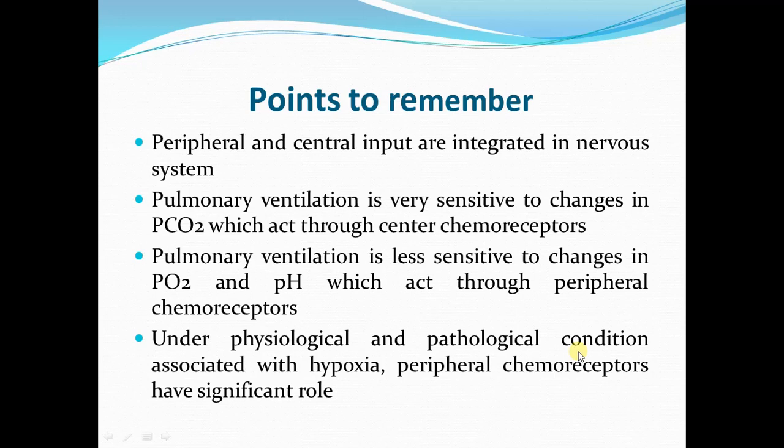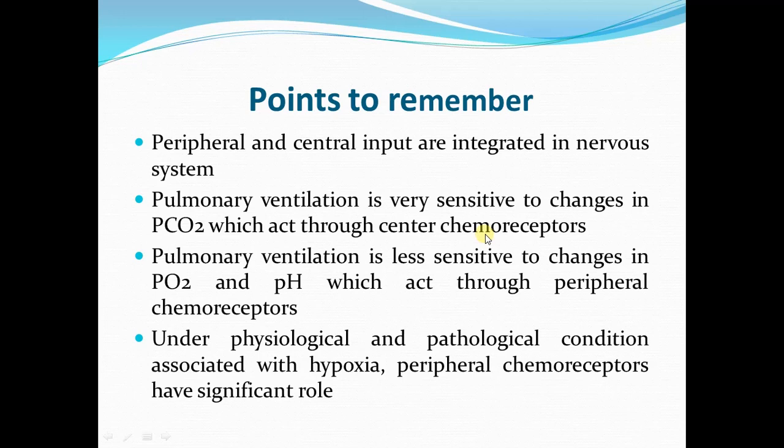So that's all for today's lecture. These are some points that you must remember, that the peripheral and central inputs are integrated in the nervous system. Pulmonary ventilation is very sensitive to changes in PCO2, which acts mainly through the central chemoreceptors, but it can also stimulate the peripheral chemoreceptors.